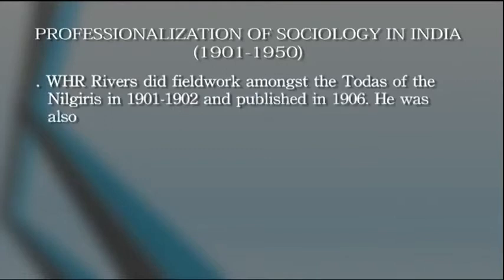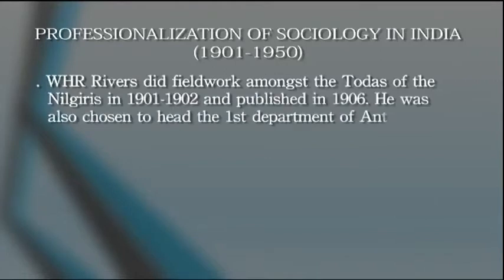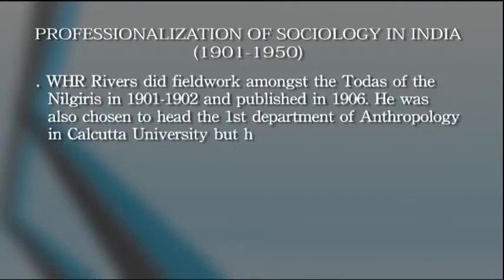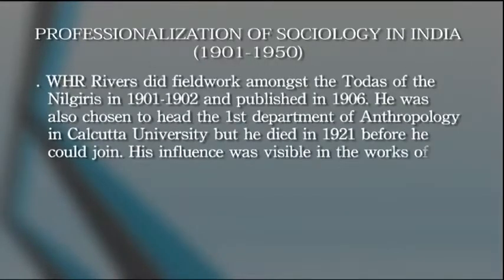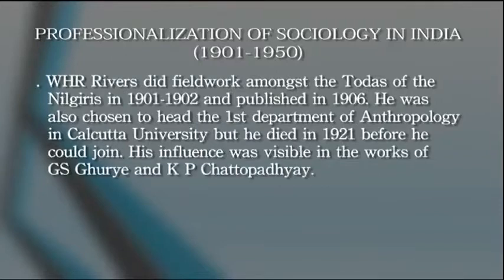This is a tribe in India, and this study was carried out from 1901 to 1902 and was published in 1906. W.H.R. Rivers was also chosen to start the first department of anthropology in Calcutta University, but he died in 1921 before he could join, right.